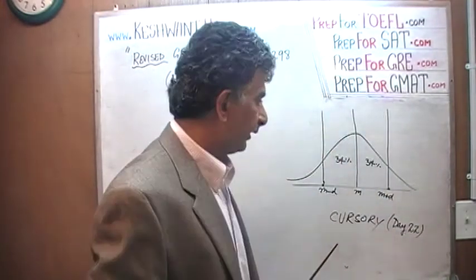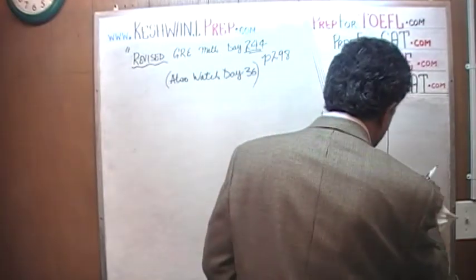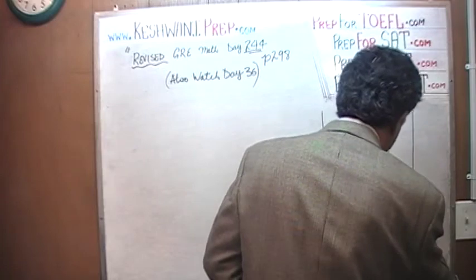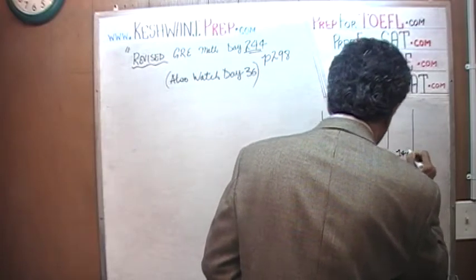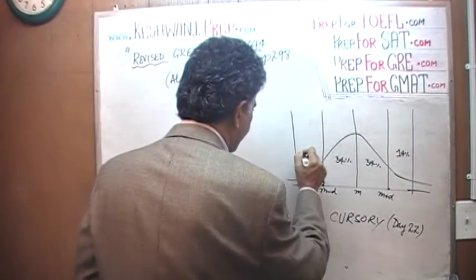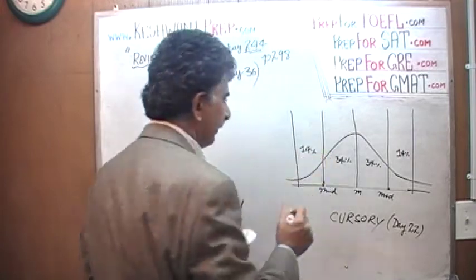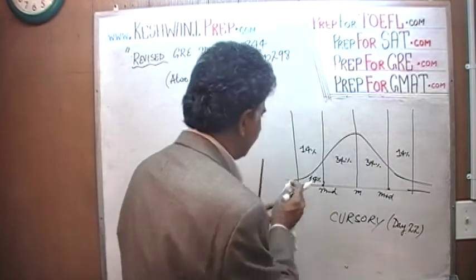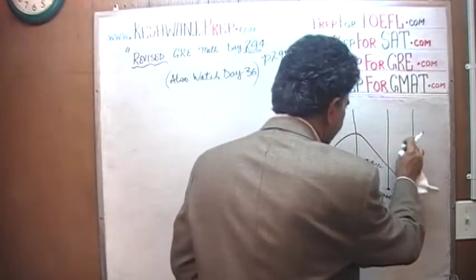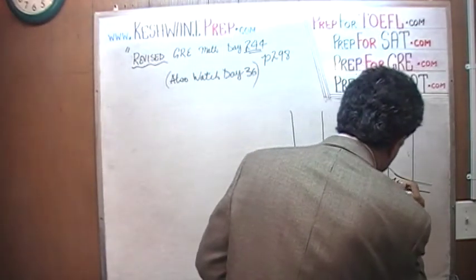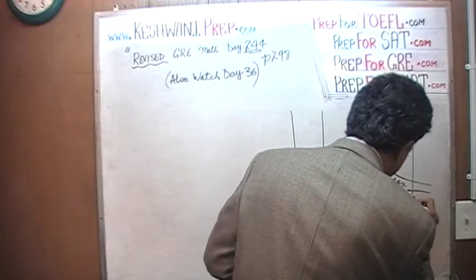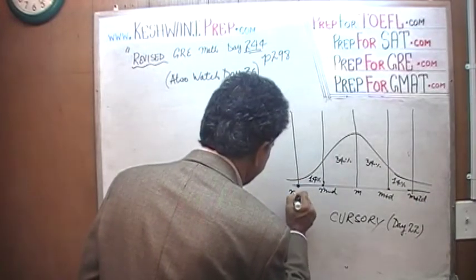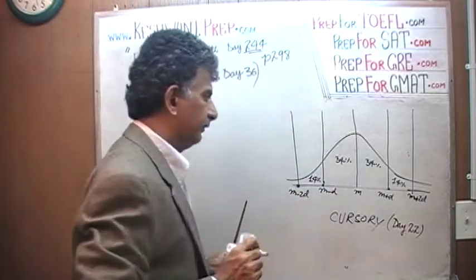If we go one more standard deviation, we capture the other 14% of the population, which is the mean plus 2 standard deviations, and this one would be the mean minus 2 standard deviations.